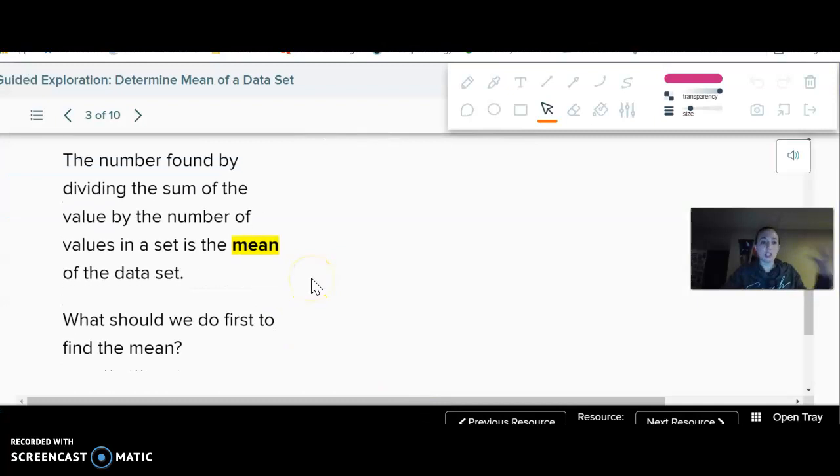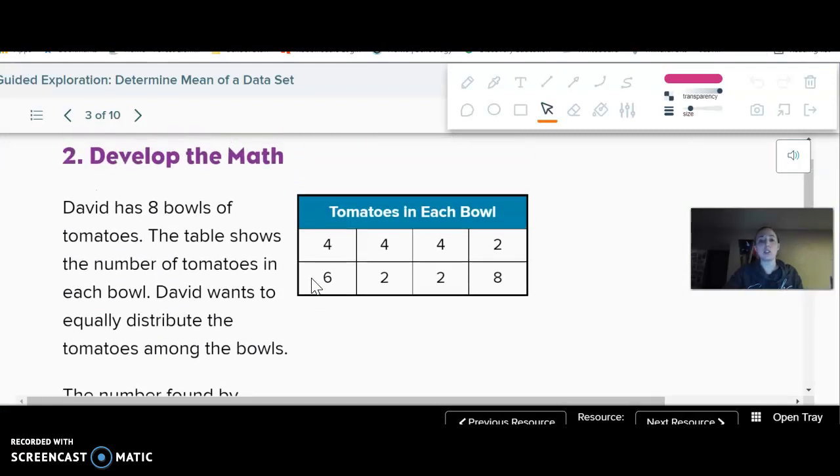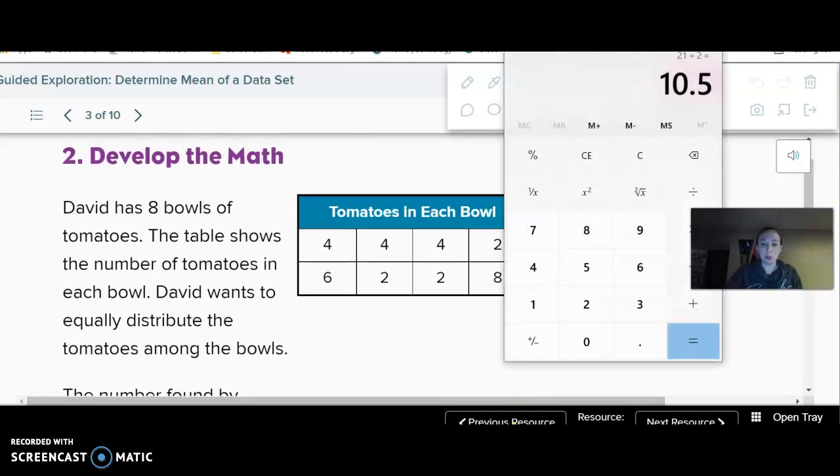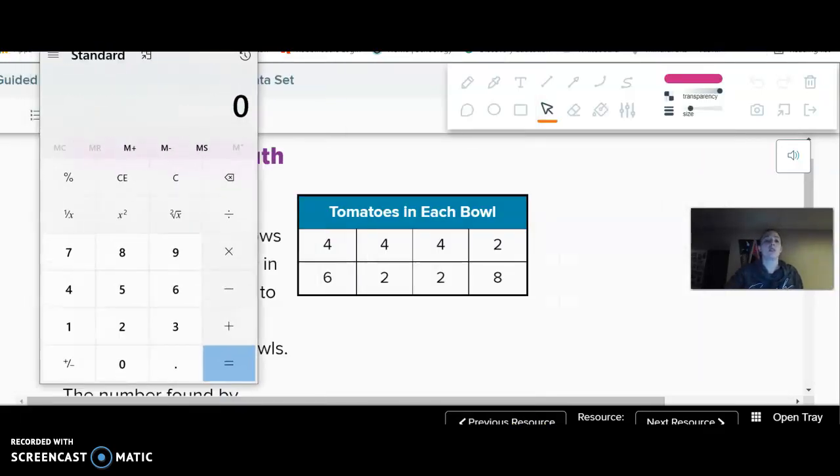So, adding, dividing. So first we need to add. You can do it by hand or we can use a calculator. There we go. So we're doing 4 plus 4 plus 4 plus 2 plus 6 plus 2 plus 2 plus 8 equals 32.